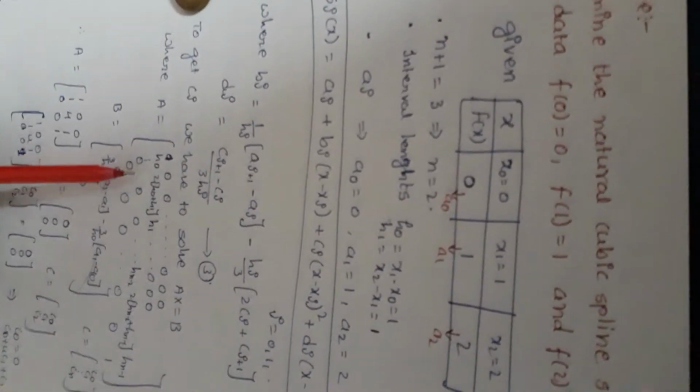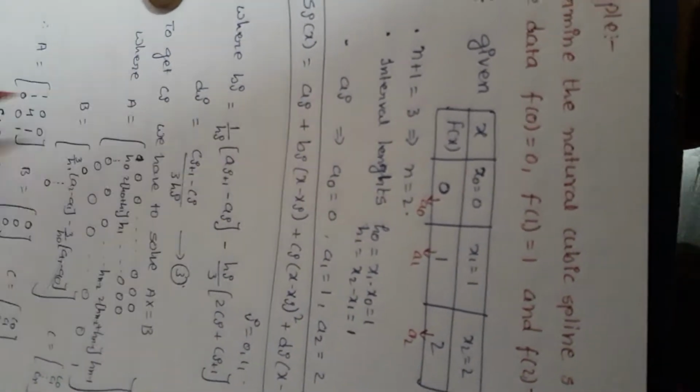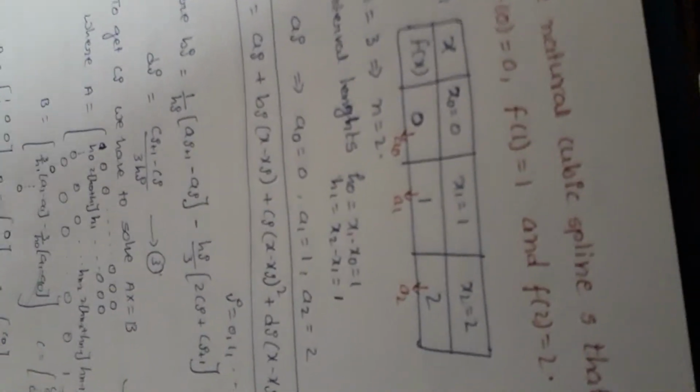According to the procedure, this is our A, this is our B, this is our C. So according to the given problem, A will be, you observe clearly here, first row 1 0 0. You write that one, there is no change. Why 3 by 3? Because the given values, n plus 1 values, are 3. That's why we get a 3 by 3 matrix here. Next row, what is H0?